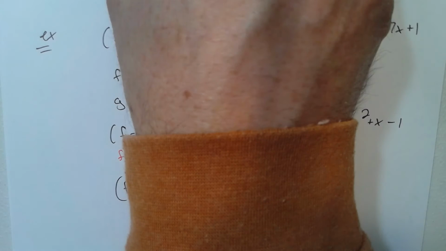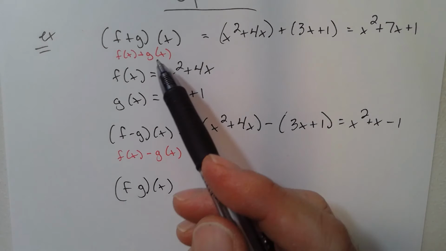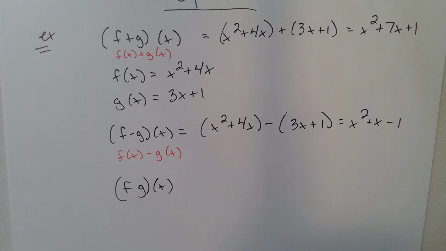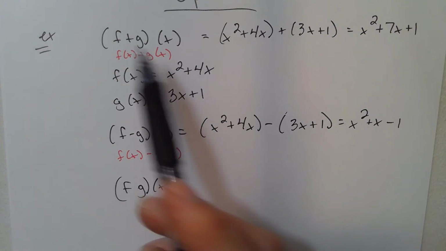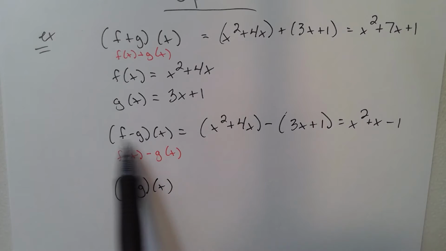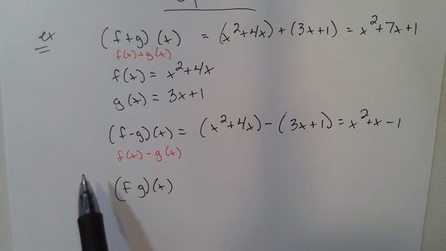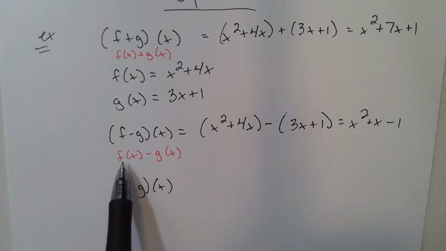So the reason I'm showing you both, the ones in red are what I've always done. It's just so much easier than trying to confuse students with the notation. This notation is not all that important. It's not important at all. It's literally just f of x minus g of x.